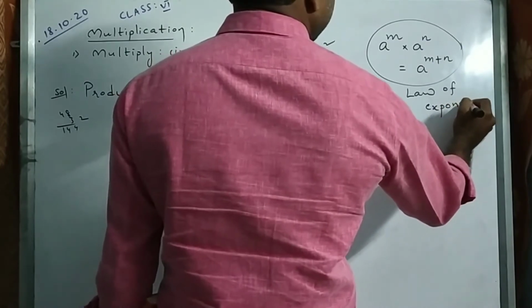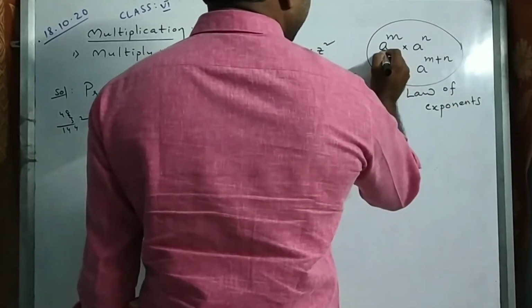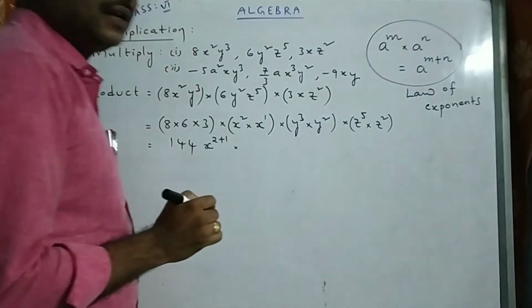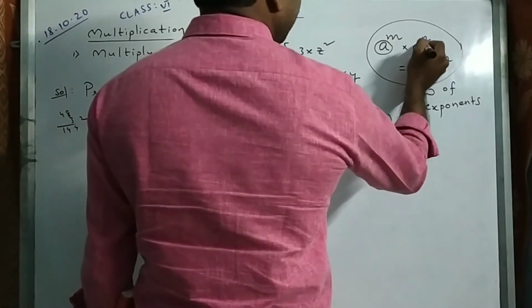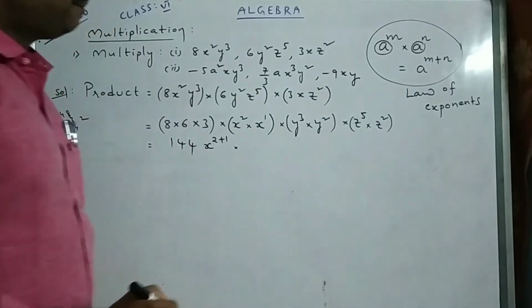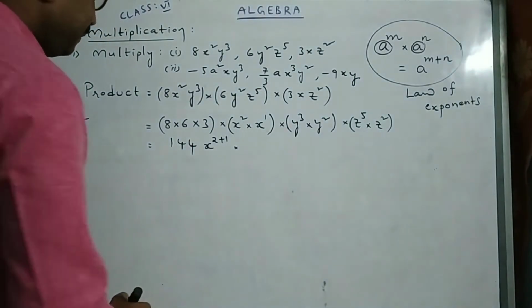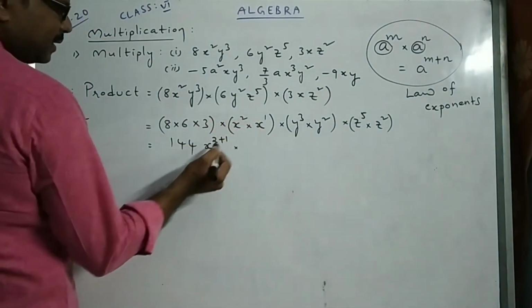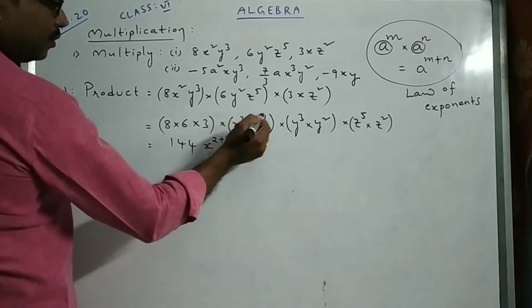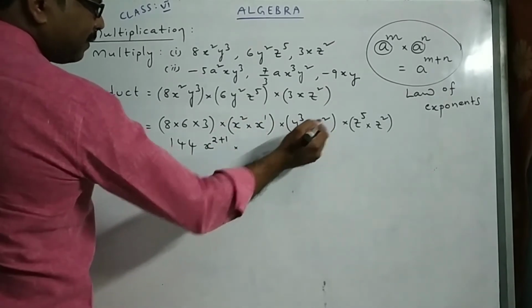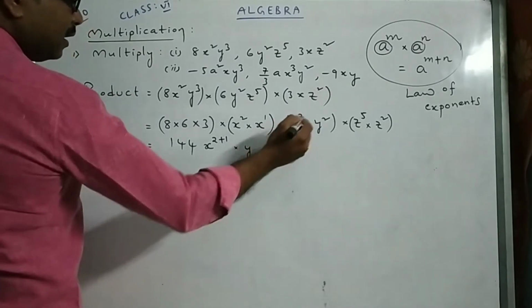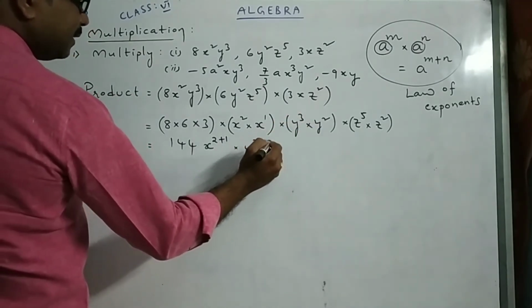So if bases are equal, what do you call a here? Base. Here also base. If bases are equal, here base is a, here also base a, powers can be added. Here x, so powers can be added, 2 plus 1. Here also you see y power 3, y power 2. Bases are equal, so powers can be added, 3 plus 2.